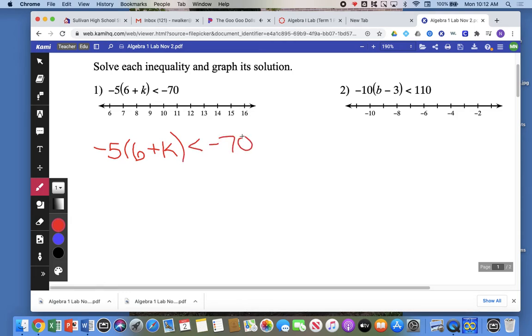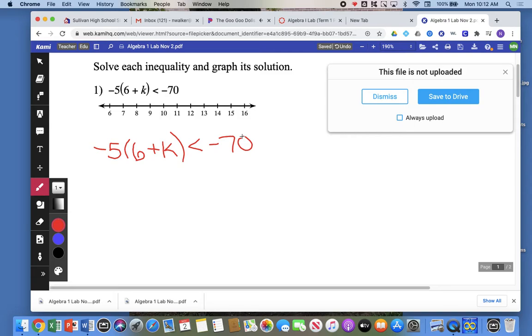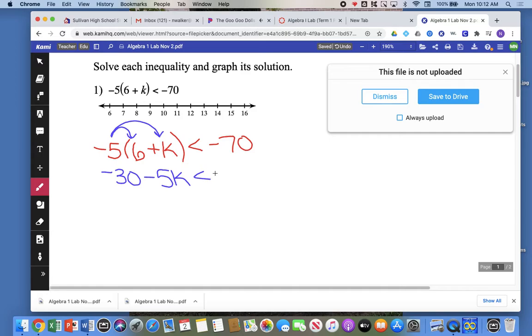All right, if we have parentheses, what do we have to do? We have to distribute. So what is negative 5 times 6? Negative 30. Negative 5 times k. And then that's greater than 70.